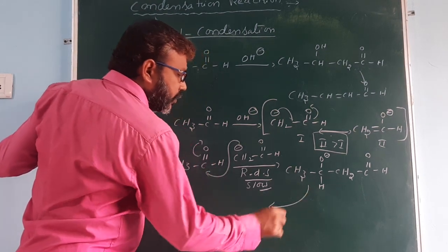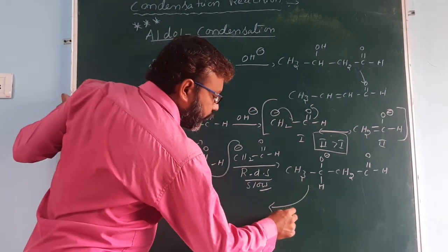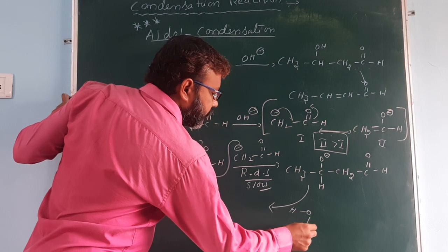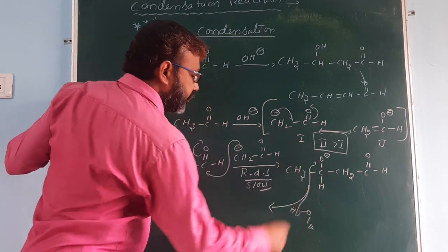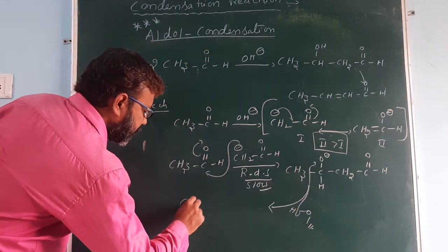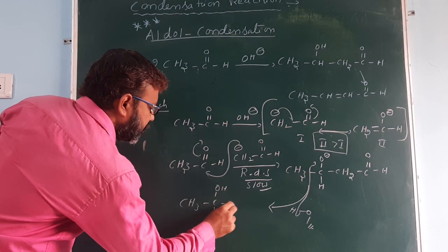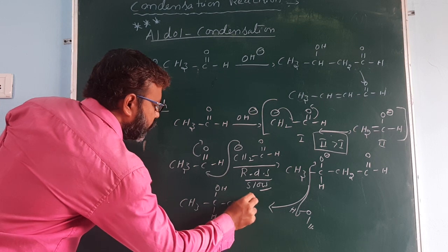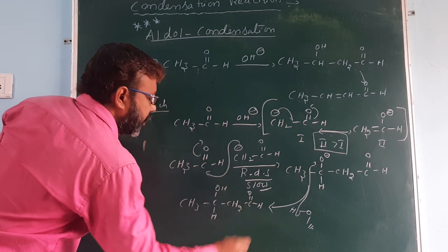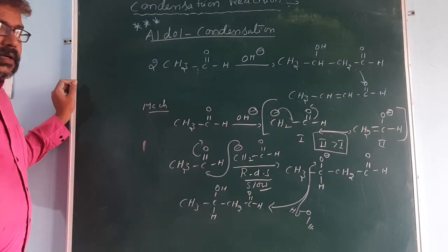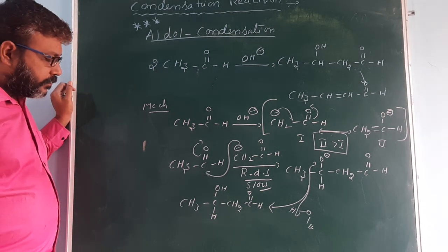Now it abstracts the proton from water; the H plus attacks here. You get CH3 C OH H CH2 C double bond OH, which is beta hydroxy butyraldehyde.